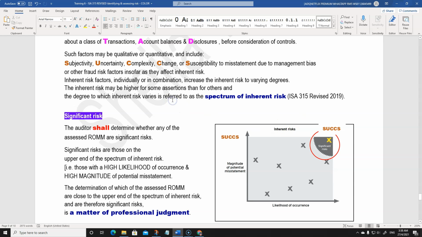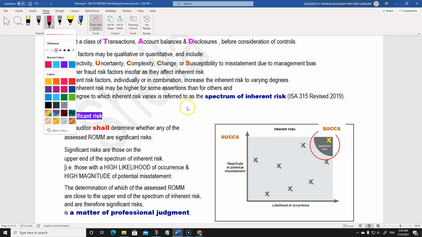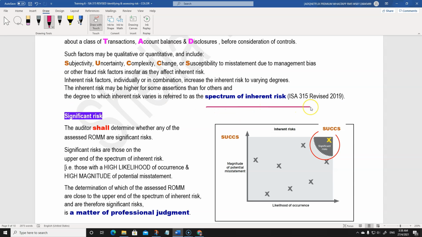Now, in this standard, they talk about the spectrum of inherent risk. Let me explain. So what is the spectrum? A spectrum speaks about sort of like a continuum, it's like a long line, and some risks could be here, and some risks could be here, and some risks could be here. So this diagram here actually shows you the spectrum, that there are some risks where you got high magnitude but low likelihood of occurrence.